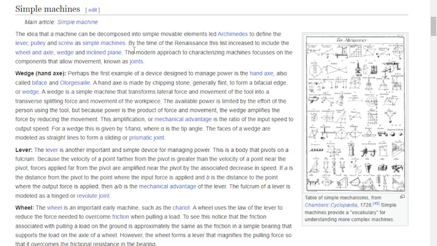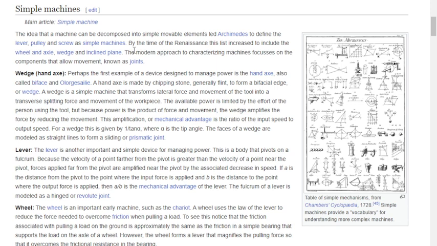Lever. The lever is another important and simple device for managing power. This is a body that pivots on a fulcrum. Because the velocity of a point further from the pivot is greater than the velocity of a point near the pivot, forces applied far from the pivot are amplified near the pivot by an associated decrease in speed.